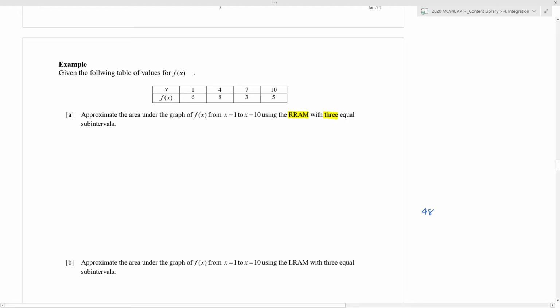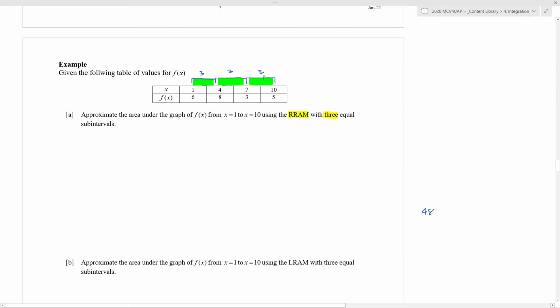So we're using 3 equal subintervals. Here's the first subinterval, then the second subinterval, and here's the third subinterval, or rectangle if you like. So you can see the width of each one of our rectangles is 3 units. The first one goes from x equals 1 to 4, the second one goes from x equals 4 to 7, and the third rectangle extends from x equals 7 to 10.